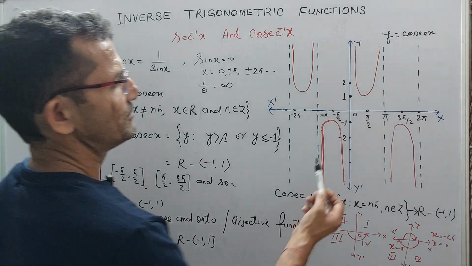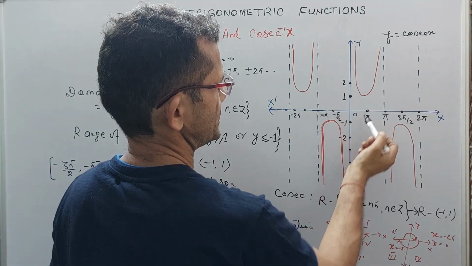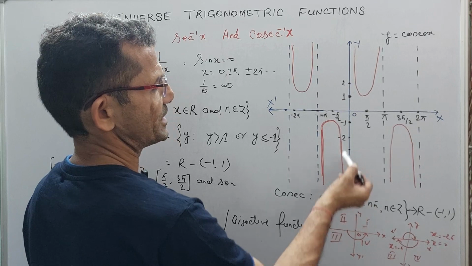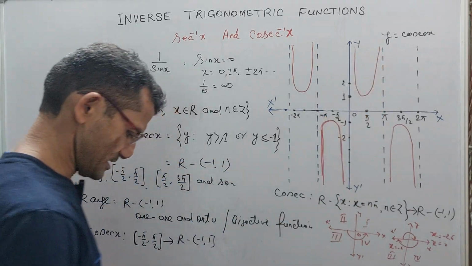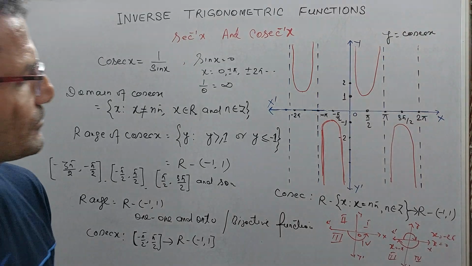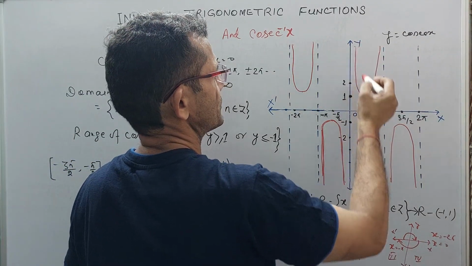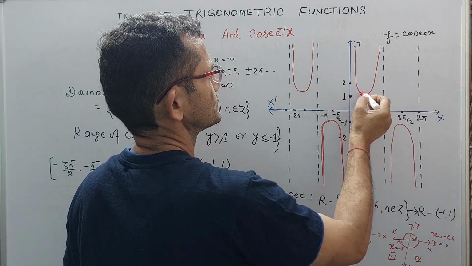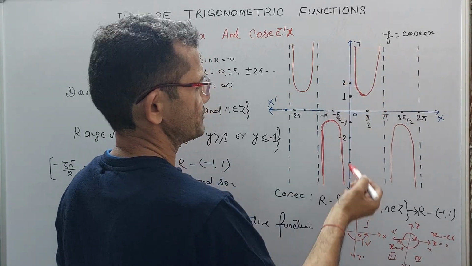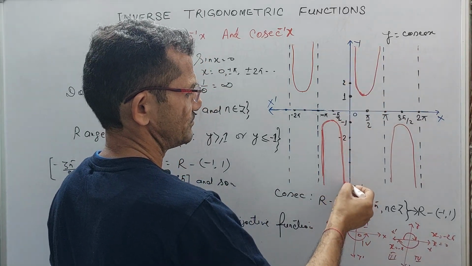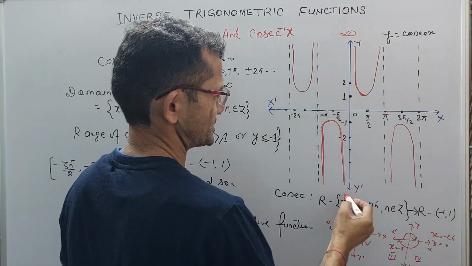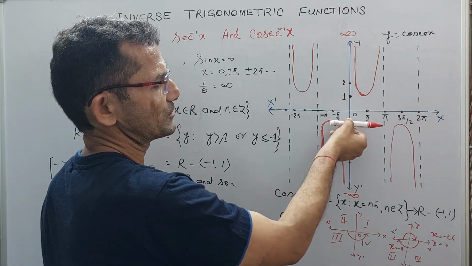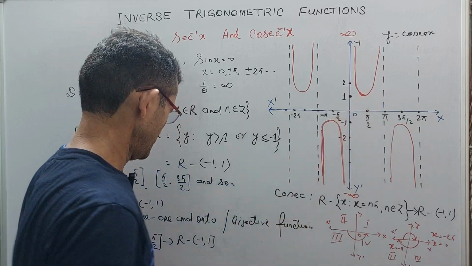So from -π/2 to π/2 it includes all the elements of this set, that is, from minus infinity to -1 and 1 to plus infinity. This side is plus infinity, this side is minus infinity, and the real numbers between -1 and 1 are not included.